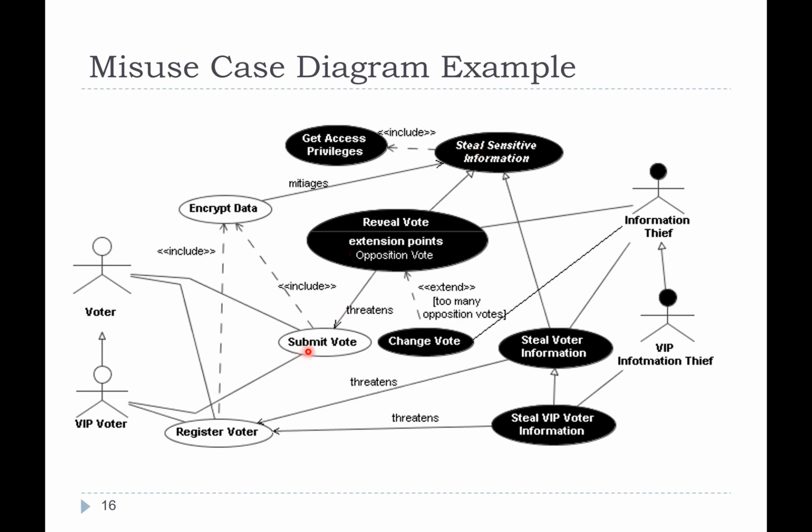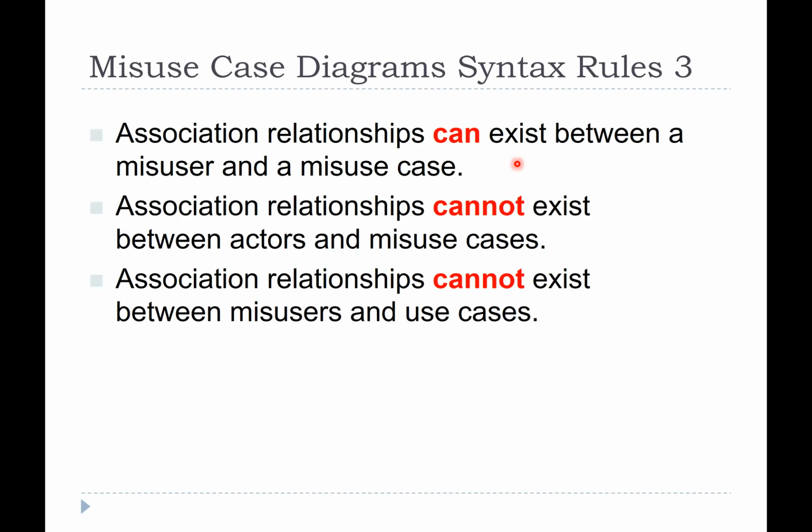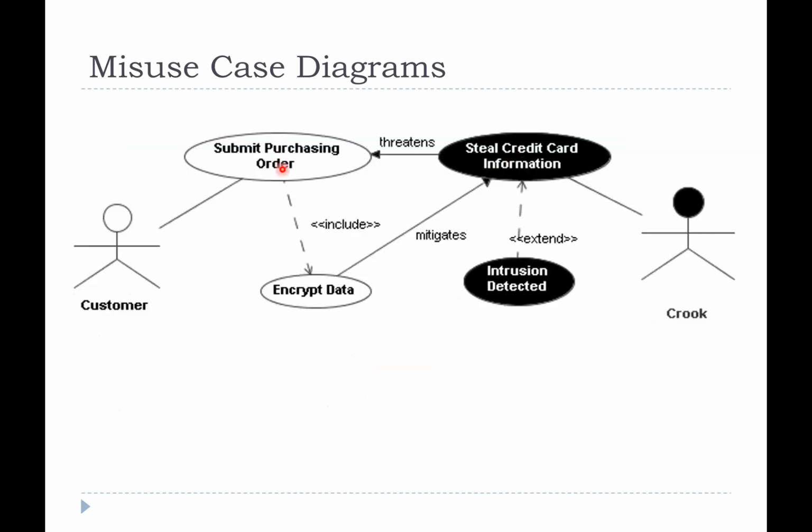And so we're going to include a security use case, so to speak, to mitigate against the stealing of that sensitive information. Now, this over here is what we call a triangular pattern.